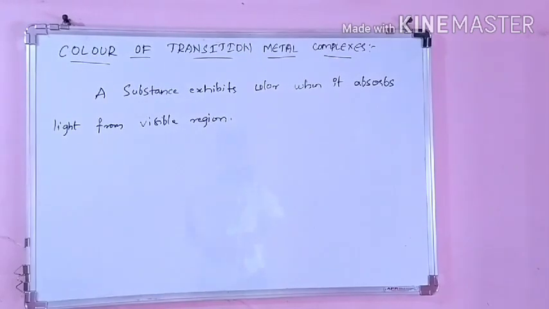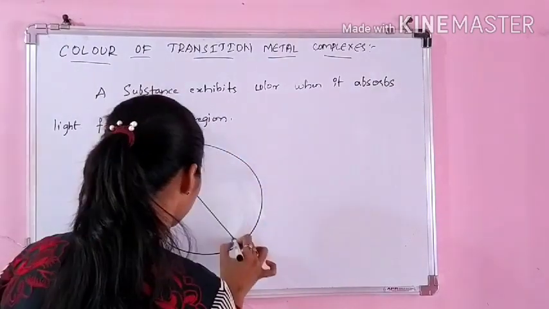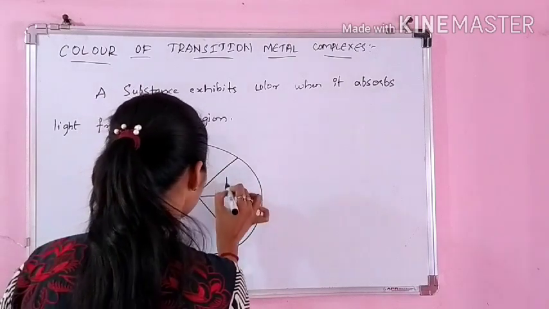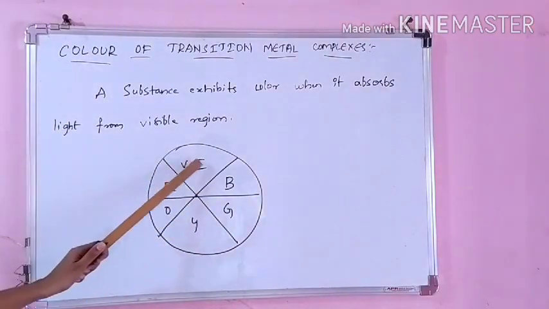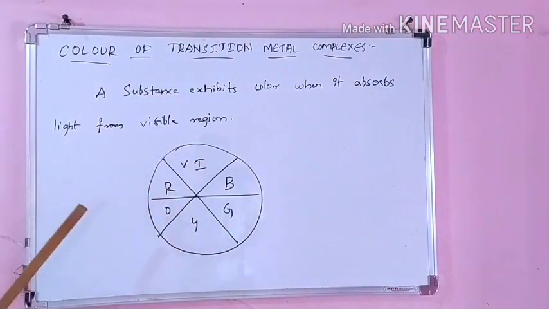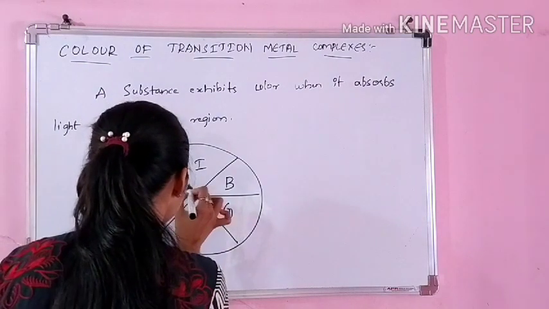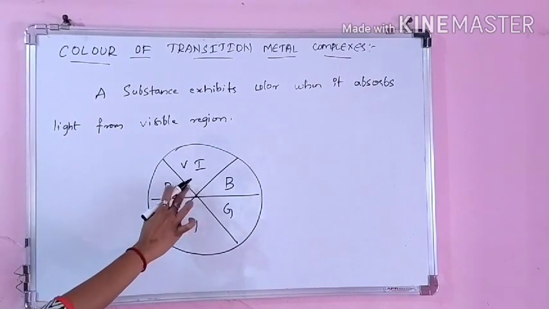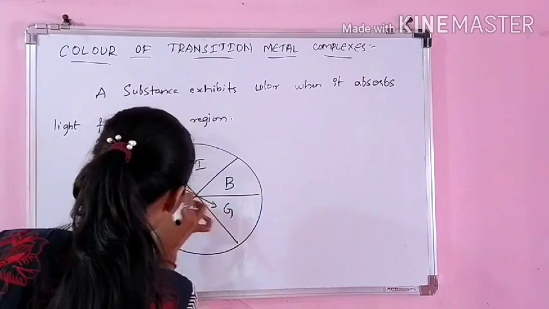Complementary color is shown by a color wheel. You can draw a color wheel like this and make parts like this. I will write VIBGYOR, it is easy to remember: violet, indigo, blue, green, yellow, orange, red. If a complex is absorbing red color, then the opposite of that is green, so your transmitted light, your complementary color, will be green.